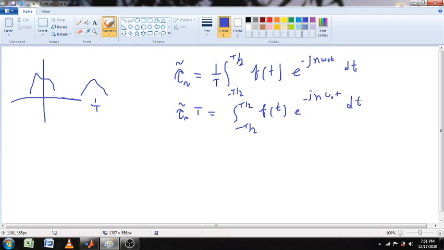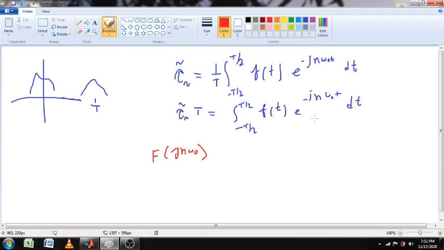I simply took the T to the other side. I call this Cn times T, a function of j n omega naught, because on the right-hand side we are doing the integration in terms of time.